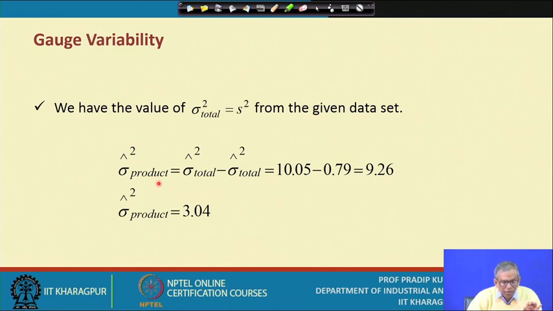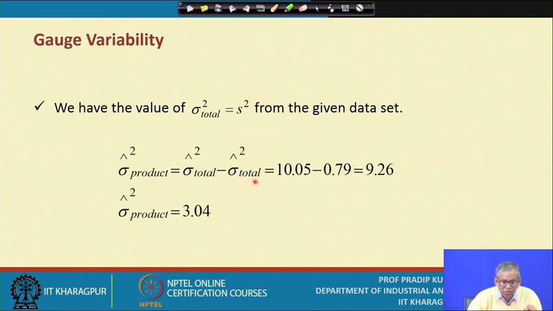Now if this is known, obviously you can calculate sigma square product. That means the variance due to product is sigma square total minus sigma square gauge.